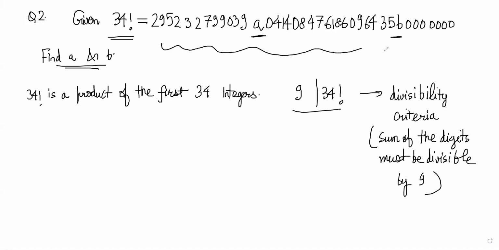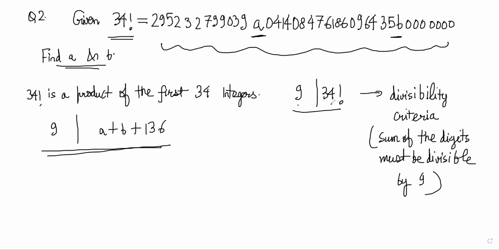If you take the sum of all of these digits here, we are getting A plus B plus 136. And we know that 9 must divide that, because 9 will divide 34 factorial. And the sum of the digits is this. So from here, we can immediately say that A plus B must be either 8 or 17. If you add 8 to 136, you get 144, which is divisible by 9.